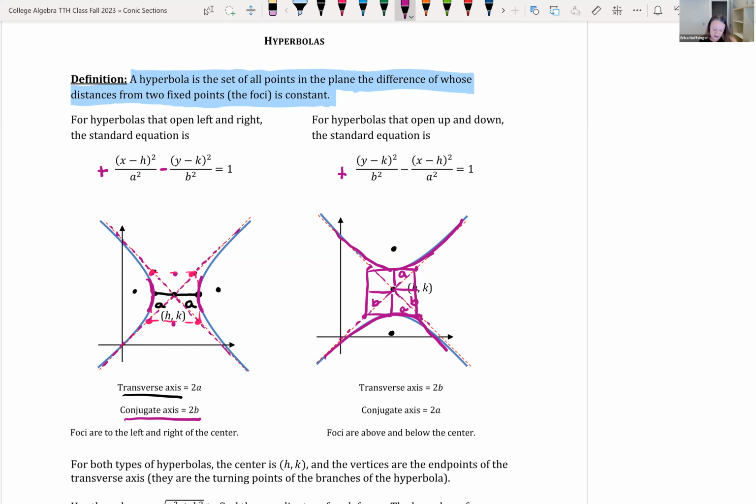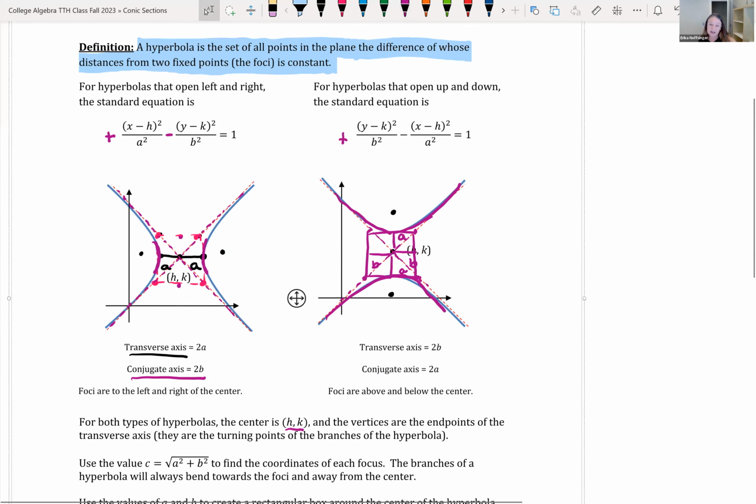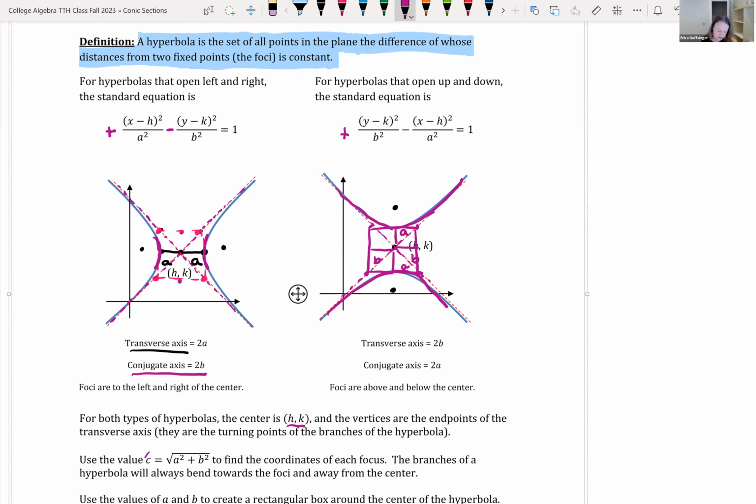We have a center at (h, k). In this case, c is equal to the square root of a squared plus b squared, and that will help you find the foci.